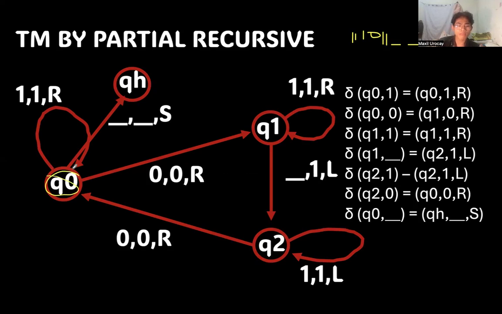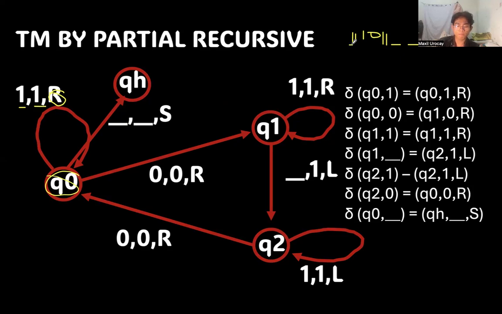Our current symbol will be 1, our output will be 1, and we are directing to the right. That means the machine moves right over the first block of 1s, and the head moves to the 0 separator.